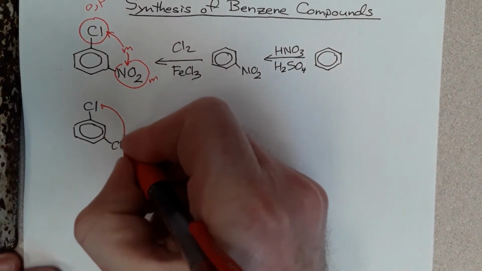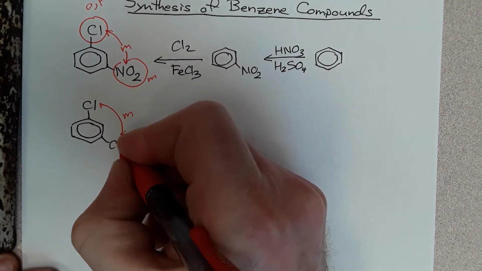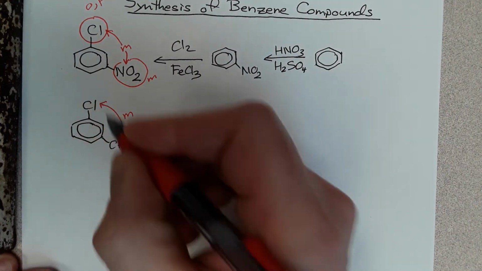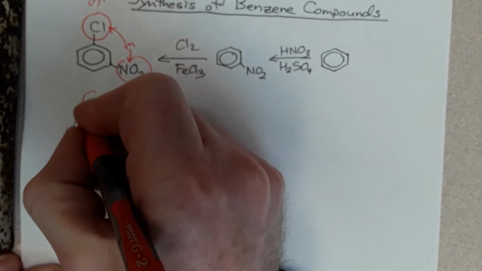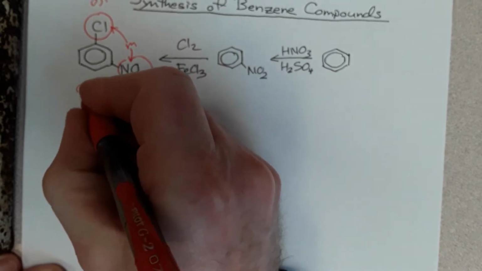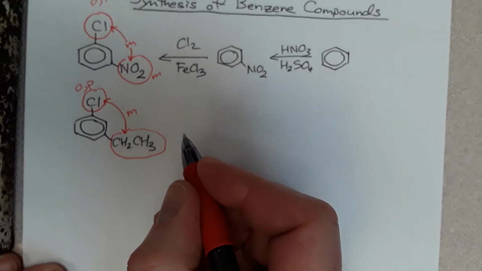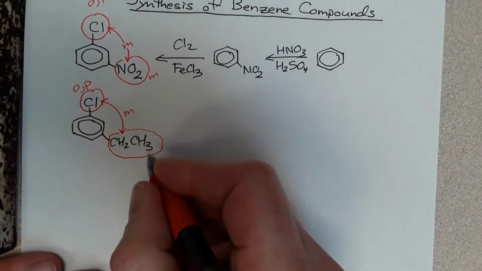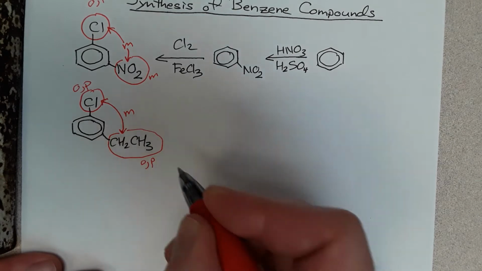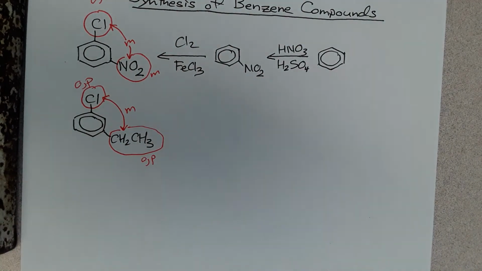The relationship between these groups is a meta relationship. This chlorine is, as we already said, an ortho-para director, and this ethyl group right here is, what kind of director? Ortho-para again, so we have a problem. Houston, we have a problem.